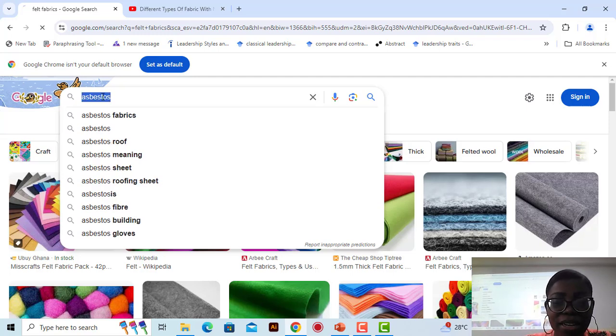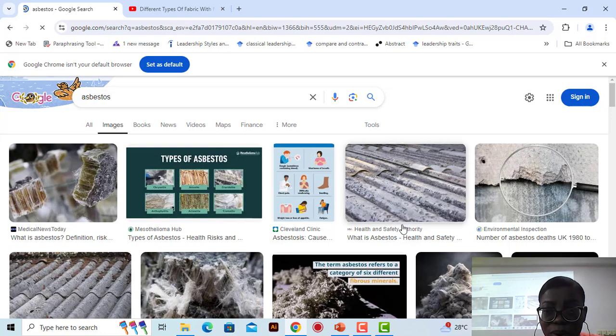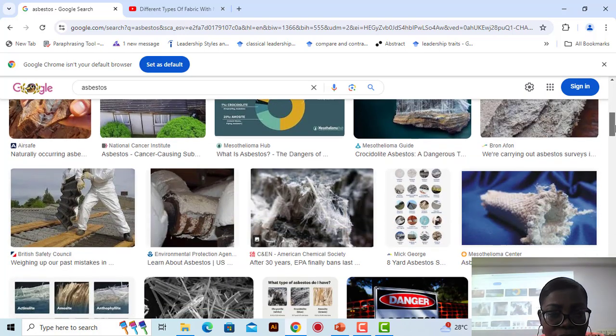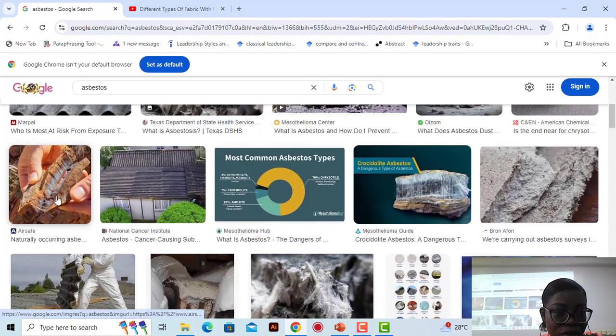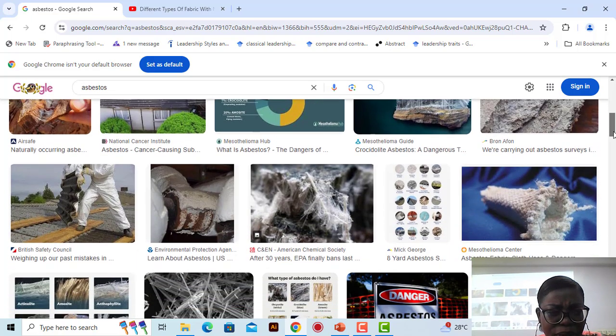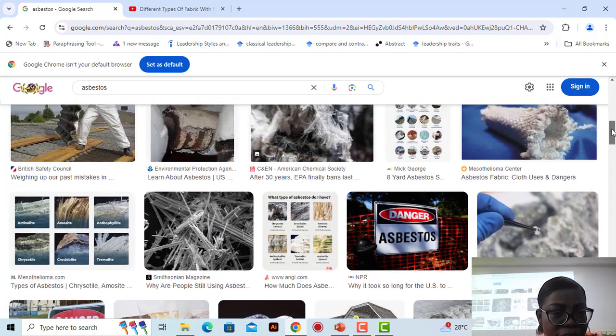I just pray I get the picture I am looking for. Then you will be able to understand asbestos in the soil. You see somebody is showing you something here. Can we see? It's from the ground. There's another picture I saw last time. I just hope I get it.